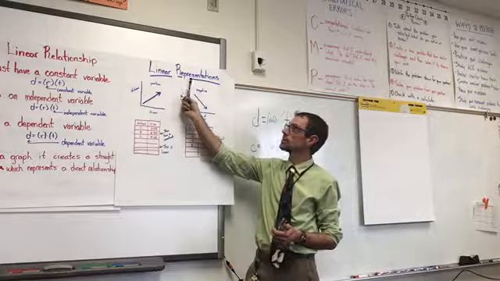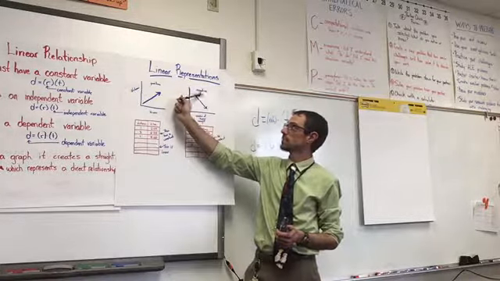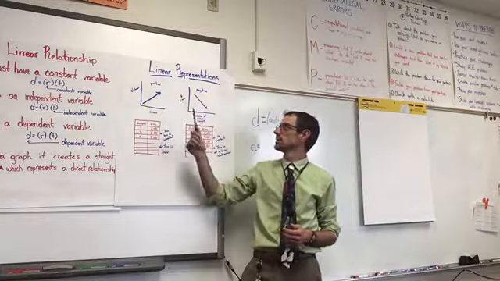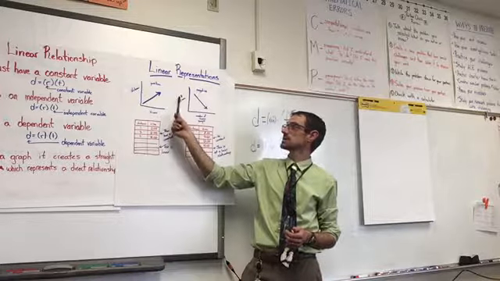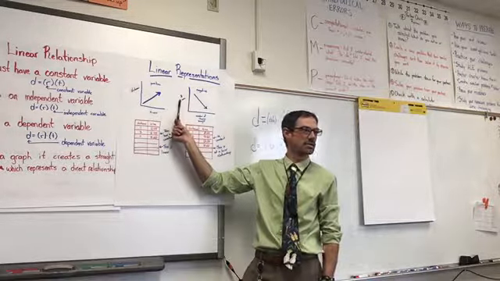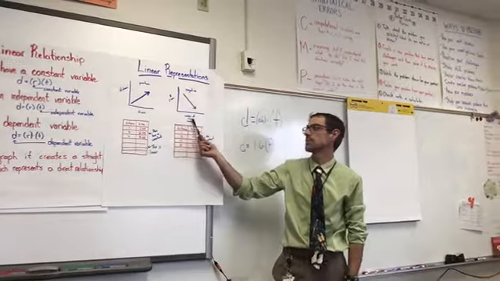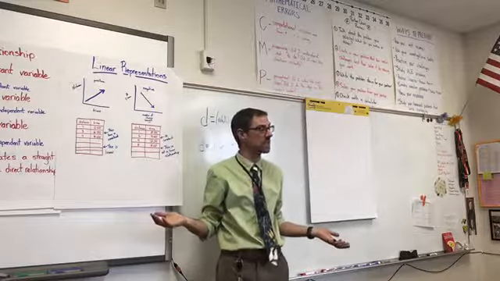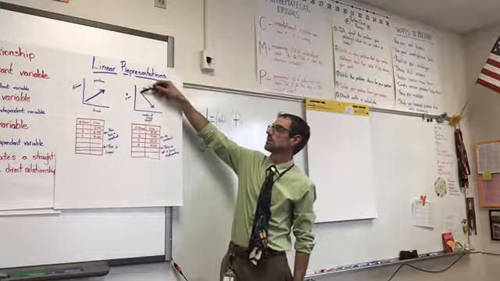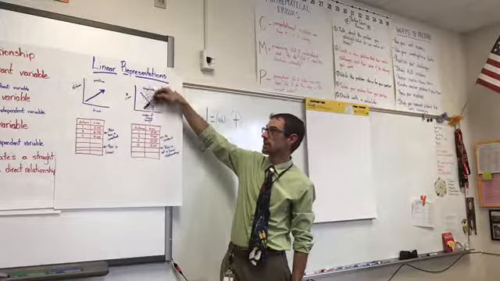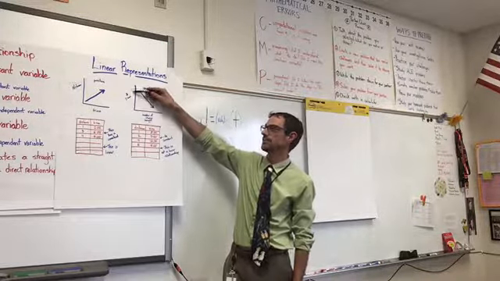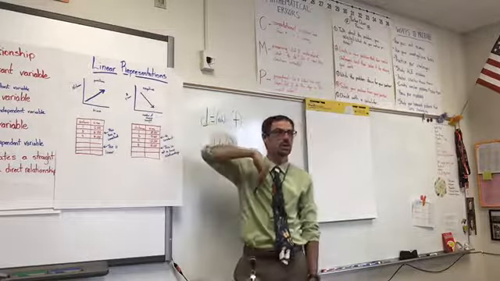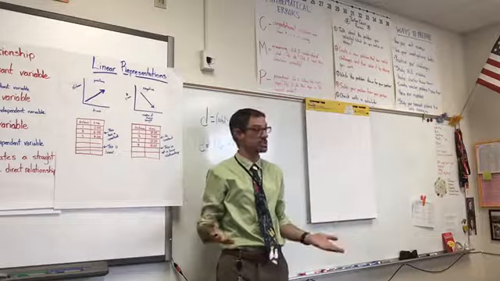Over here, you have a linear representation that is negative. This side is money I have. Over here is the number of items I bought. So if I buy 10 Tootsie Rolls at 10 cents a piece, I start with a lot of money when I only buy a few items, but as I spend money, I have less money. This is a linear relationship because the Tootsie Roll price does not change.